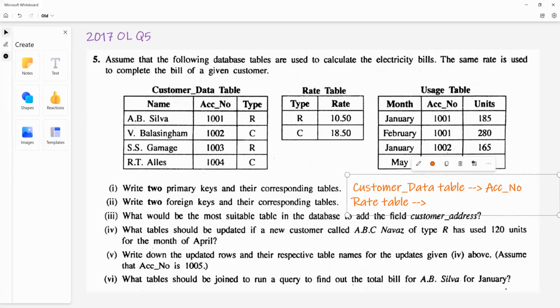What is the primary key for the rate table? Okay, Tarushi.